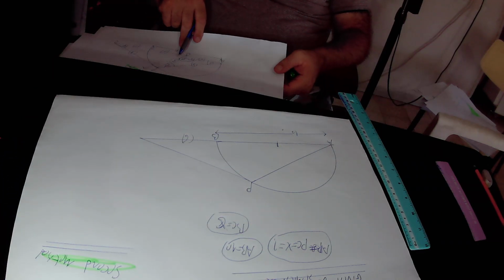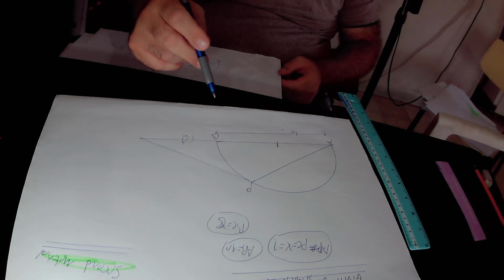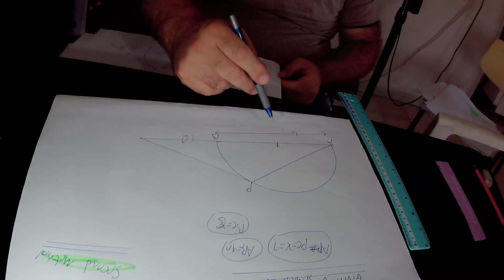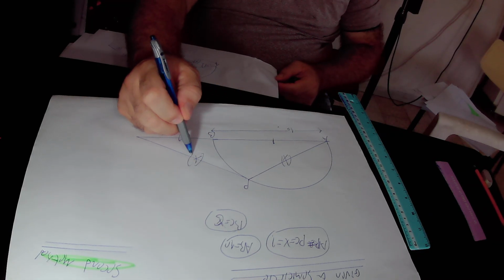In the next step, I present how to find the length of this line segment AP, which is X, using a second method.